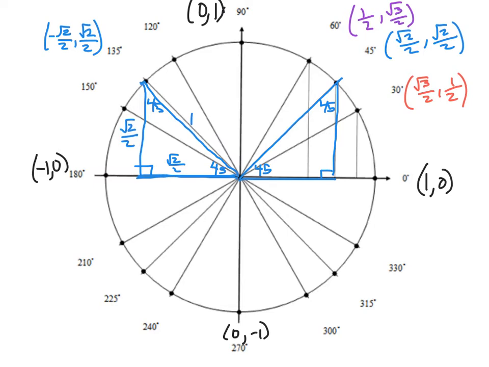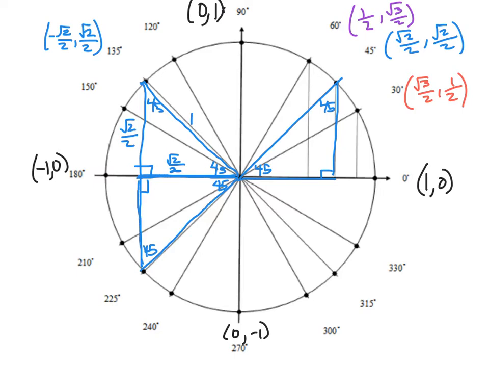Let's find the 45-degree angle in the third quadrant. So this time I'm going to say I want the terminal side that's 45 degrees away from the x-axis. So here's my 45, here's 45, and this is 90. I can already see that one of my sides is labeled. This side right here is radical 2 over 2.